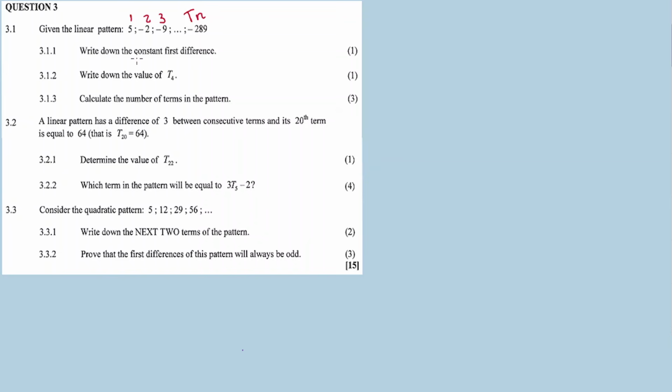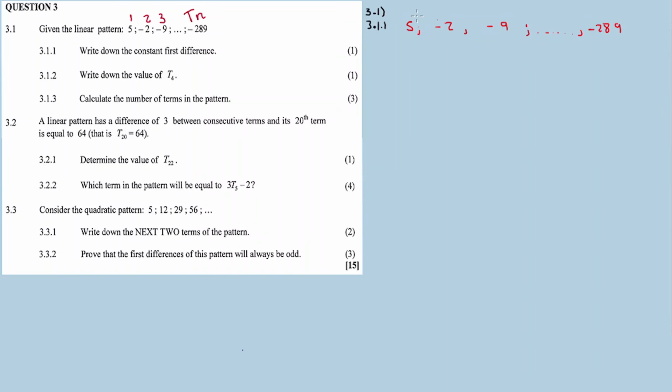3.1.1, write down the constant first difference. So we have this pattern, right? How do we get the common first difference? We take T2, term number 2, and subtract term number 1.